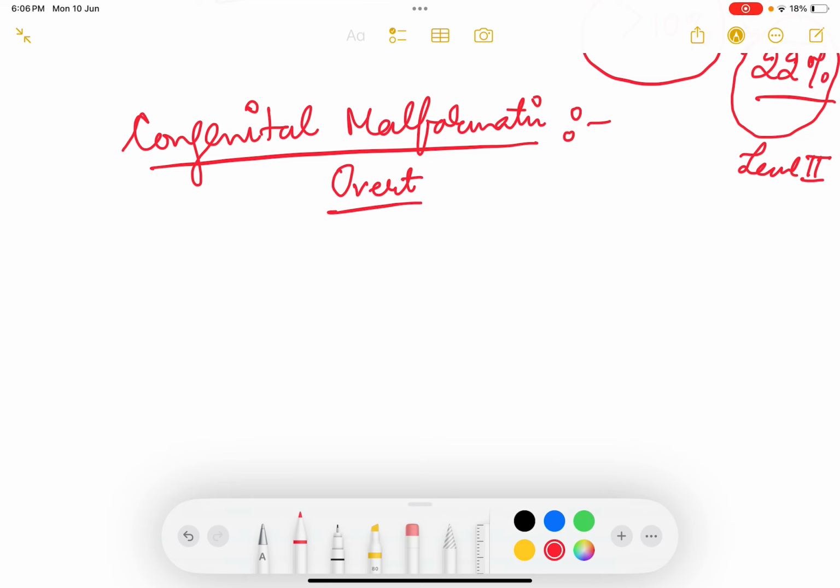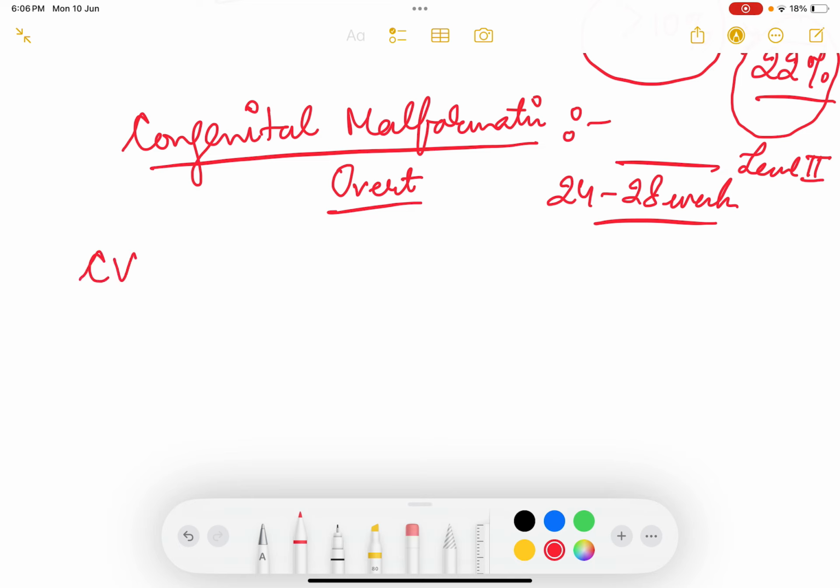GDM में अगर later half में अगर pregnancy में sugars बढ़ रहे हैं, when HPL and HCG are high, that is at 24 to 28 weeks, so by then already your organs have been made, so organogenesis is not hampered. At that time it will be macrosomic baby or shoulder dystocia, ये सारा होगा polyhydramnios, but not congenital malformations. Congenital malformations occur in overt diabetes patients.